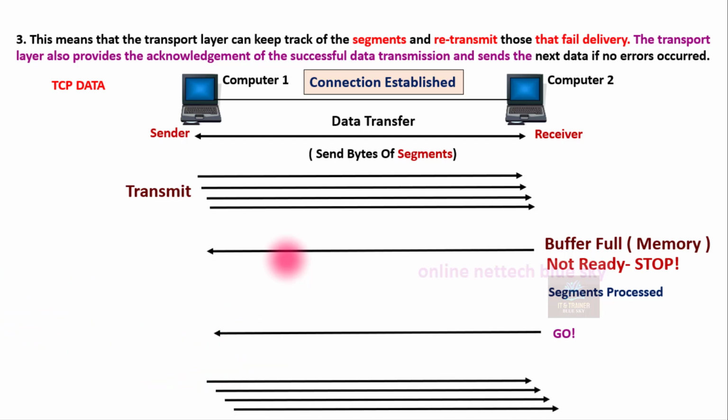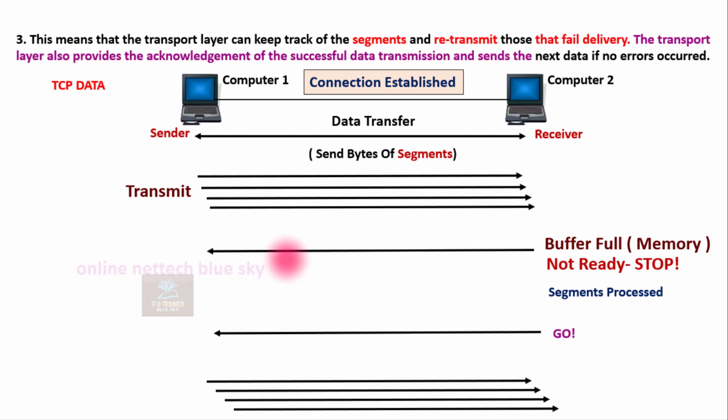So the buffer is one type of service. Your computer receives data continuously, so sometimes your computer hangs and the segments may not complete. Congestion or a segment error occurs sometimes.